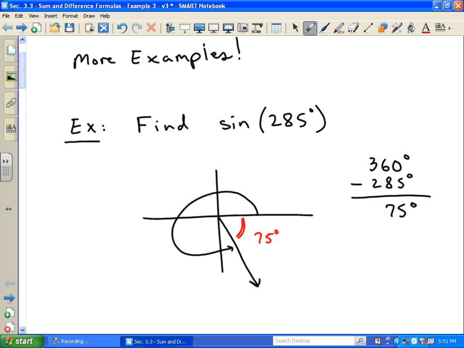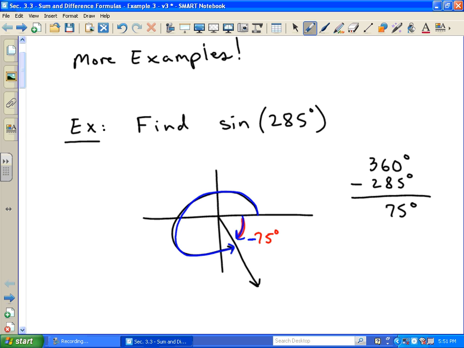Well, we need to rewrite 285 degrees as either a sum or a difference. First, think about 285 degrees if we rotate counterclockwise in the positive direction as being the same as 75 degrees rotated clockwise, so it would be negative 75.